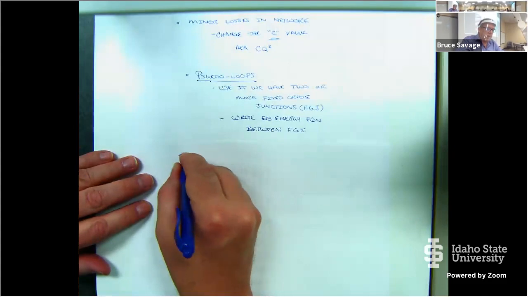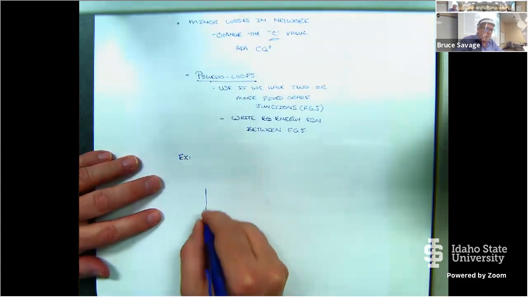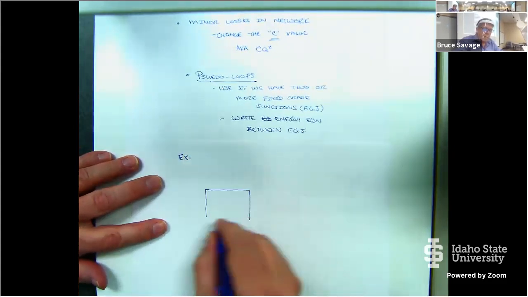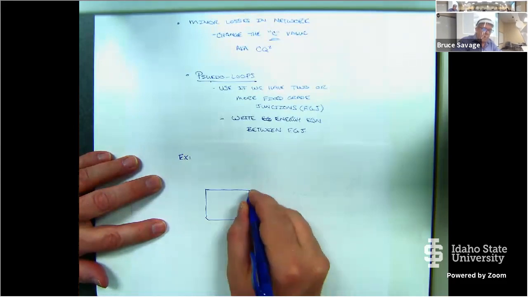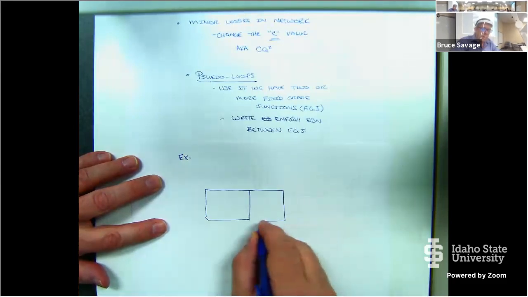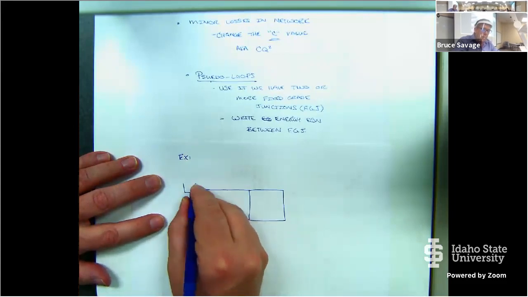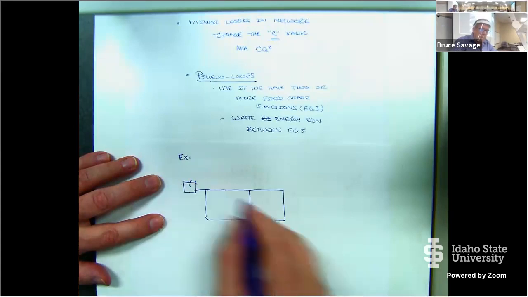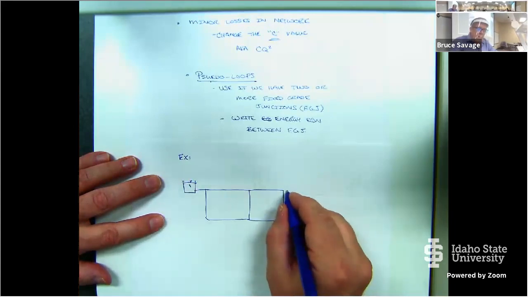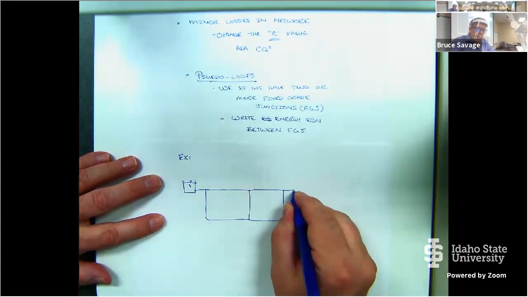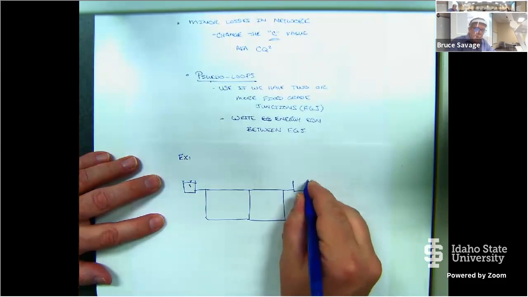Another example here then. I'm going to just draw once again our favorite little pipe network, two rectangles together. And I'm going to put a reservoir out here on the left-hand side, and a reservoir out here on the right-hand side.